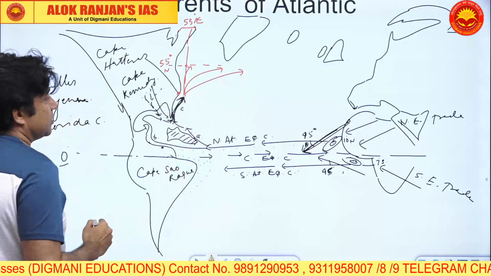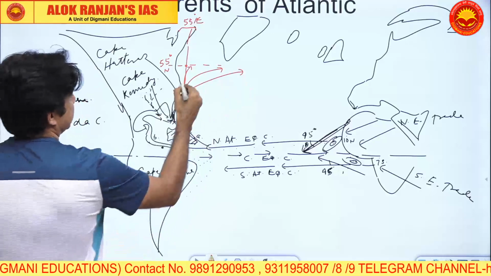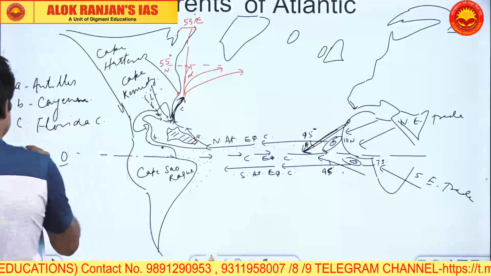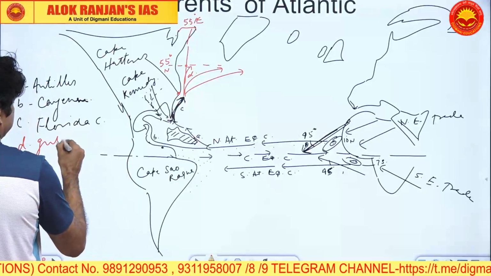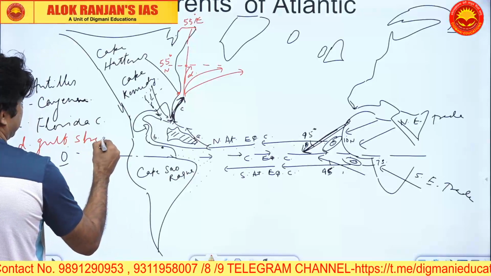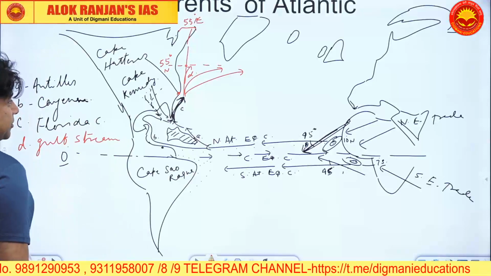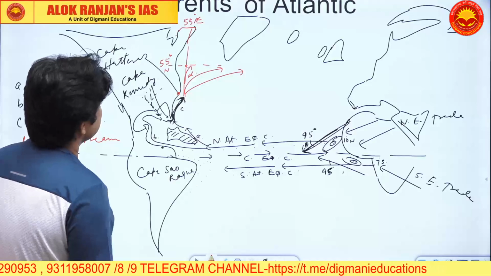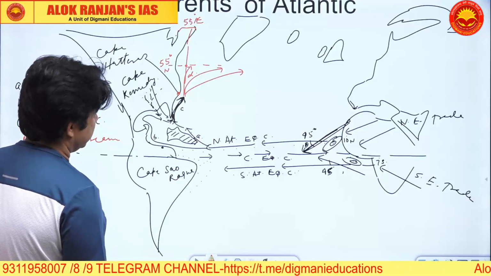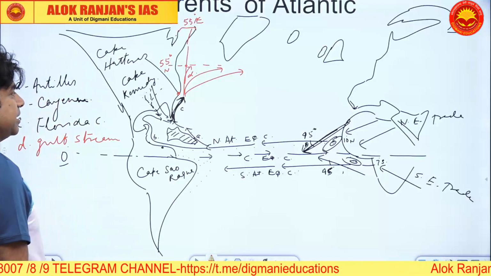The Gulf Stream. So this is your Gulf Stream. D is Gulf Stream. Gulf Stream has been described in a different color. I have shown it in red color.